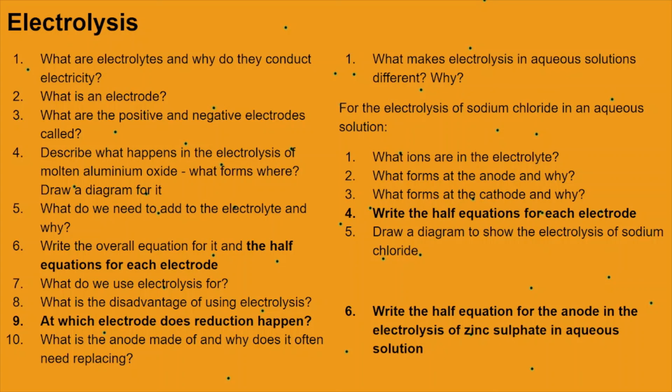So you can probably see now why we include hydrogen and carbon on the reactivity series, even though they're not metals. It's because hydrogen we use for electrolysis, and carbon we need to know reactivities for reduction.